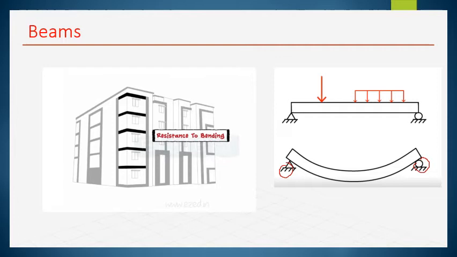Okay. So what are the types of beams? Depending upon the types of supports, we classify the beams. First, the simply supported beam.